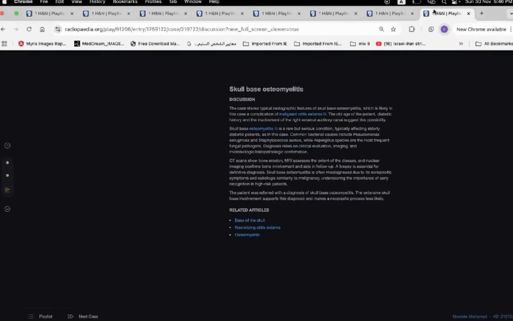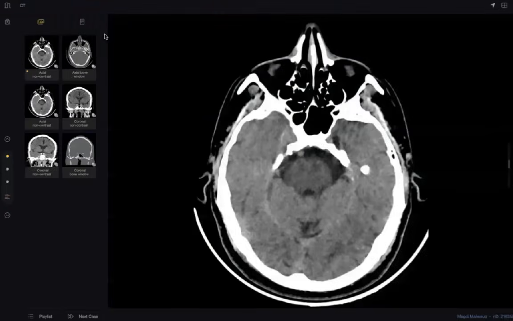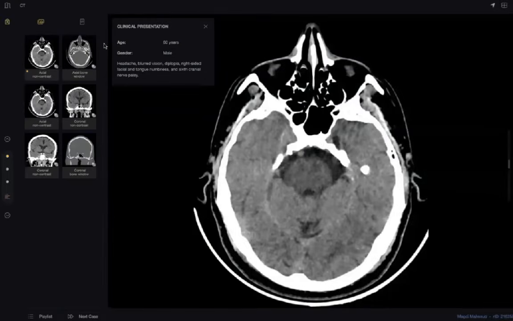Next candidate. This patient, a 60-year-old male, presented with headache, blurred vision, diplopia, right-sided facial and tongue numbness.